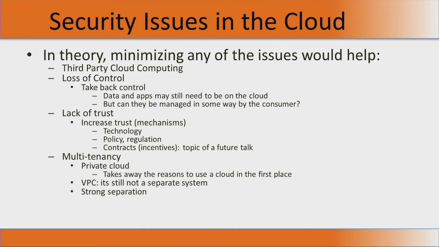The second thing that we are looking at is loss of control. When there is a control loss, when there is a server that failed, we need to take back control. Your data and applications may still need to be on the cloud. So, we have to shift it to another cloud. What does it mean to shift to another cloud? Can they be managed in some way by the consumer?